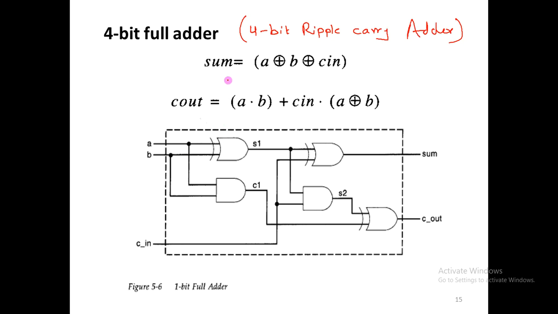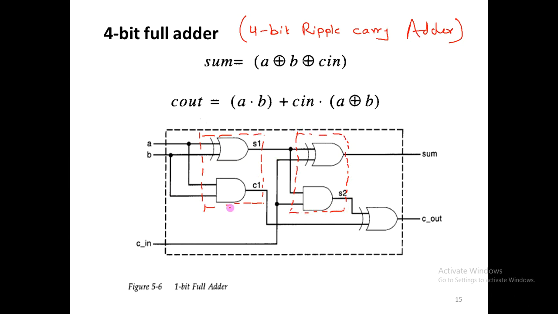So here you can see that the sum expression is A XOR B XOR Cin. Cout expression is AB plus Cin (A XOR B). So this is again a design of a half adder. This is half adder 1. This is again a half adder. One XOR gate, one AND gate. That's a half adder.